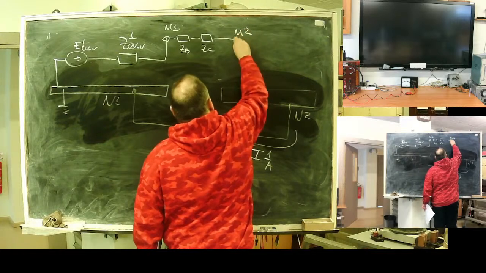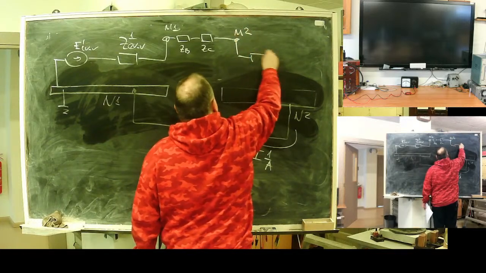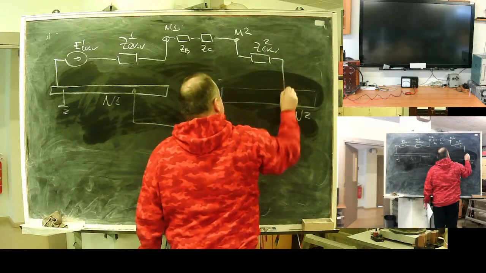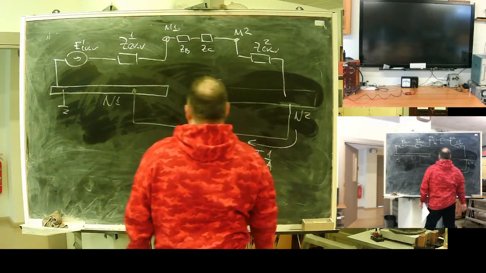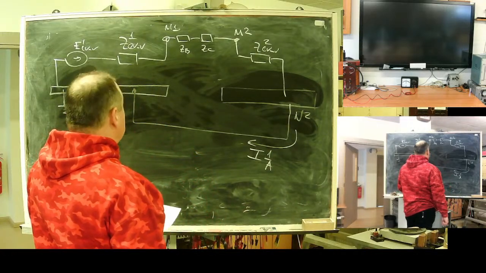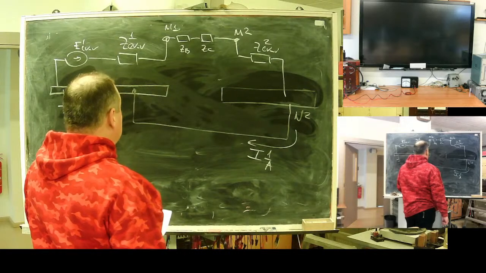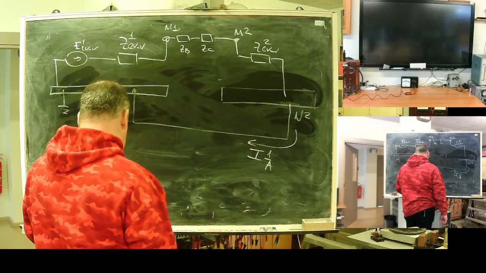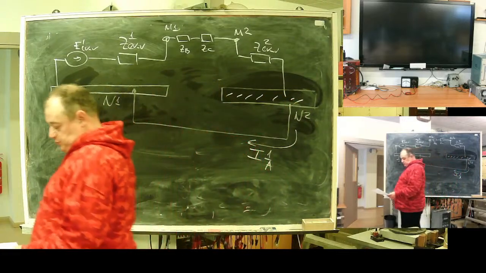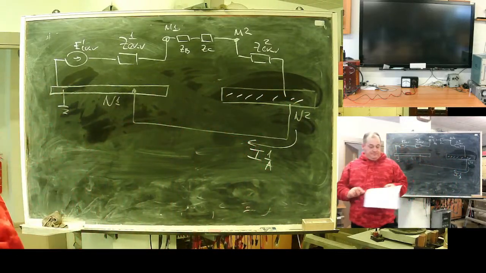Attachment terminal of the negative sequence, equivalent resistance of the negative sequence, and this nice bus is nothing else than the common wire for the negative sequence. Huge common wire. This is the schematic for a phase-to-phase fault.